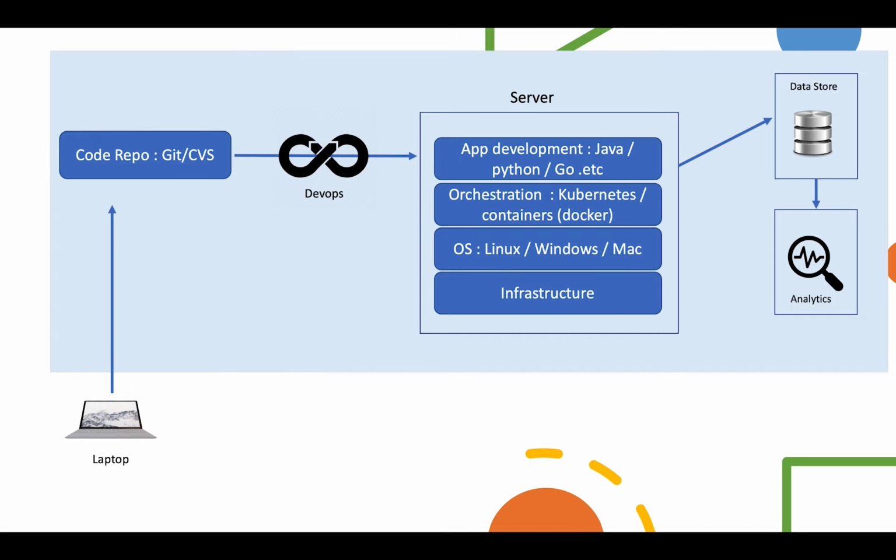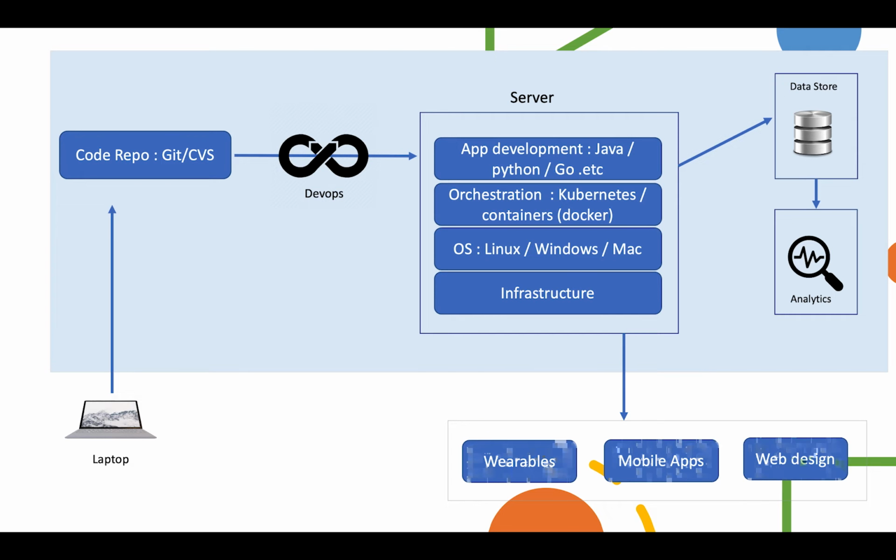Coming next: once the application is deployed, it has got the data, and it is analyzed. Now how are users interacting with this application? Users interact with the application broadly in three ways. One is through websites, which you can call web design. Then your mobile apps, which you can access from your mobiles using native, hybrid, or mixed kinds of mobile apps.